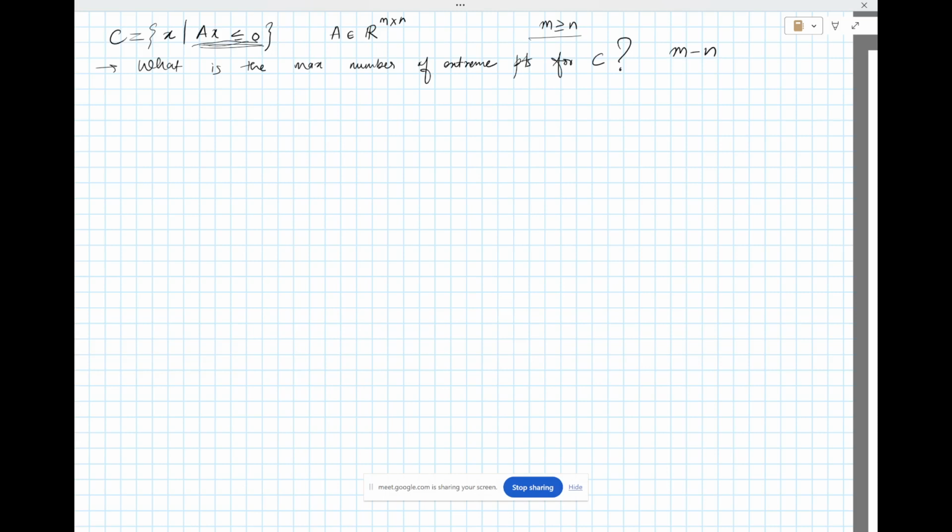You have a set of hyperplanes, Ax equal to 0. Yes. So what is the property of hyperplanes which have Ax equal to 0?